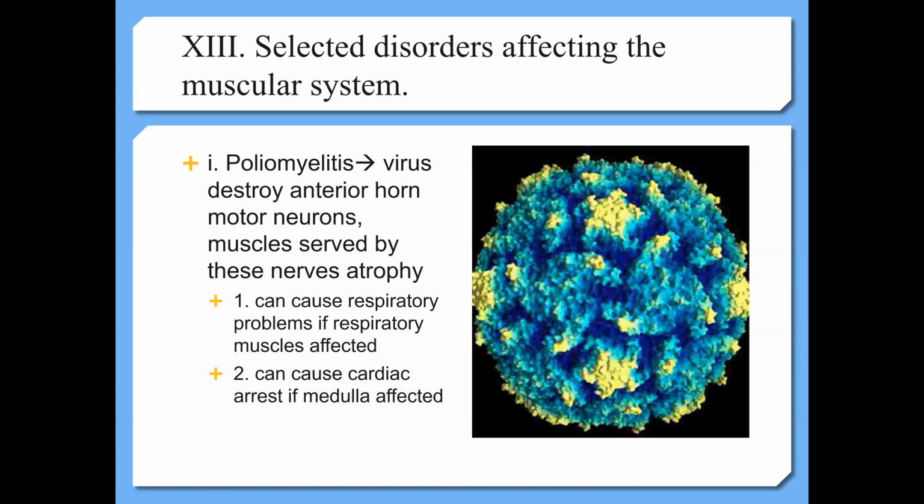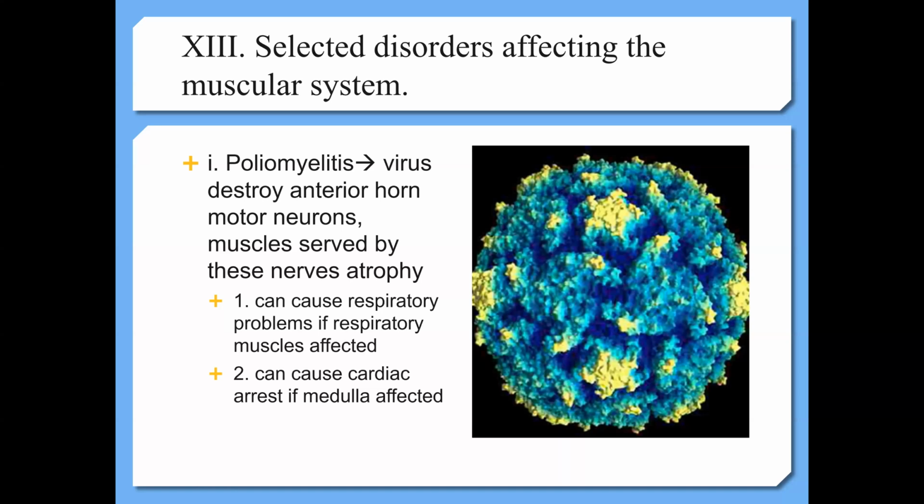So all these diseases that I only read about, you may see, so you always have to keep this in the back of your mind. And then obviously if it affects the medulla oblongata, which is one of the control centers.